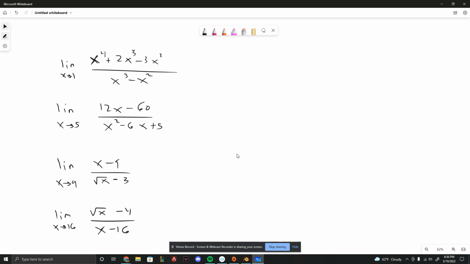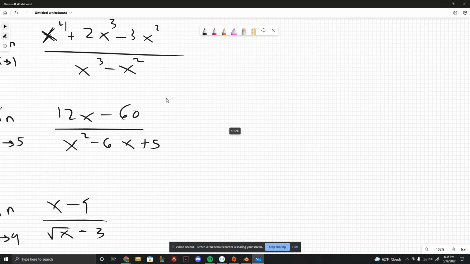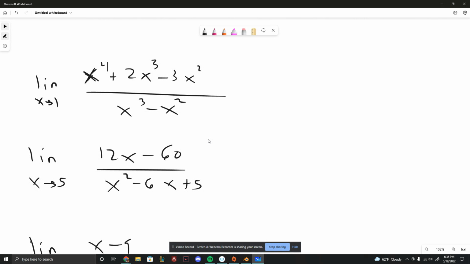Okay, so hopefully you gave them a try, and maybe you got them, maybe you didn't. But no worries, here I am to explain. So let's go with this top one. What can we do to work with this? If we plug in 1 here, the first red flag you see is that when you plug in 1, cube it, and plug in 1, square it, you're just going to get 0.